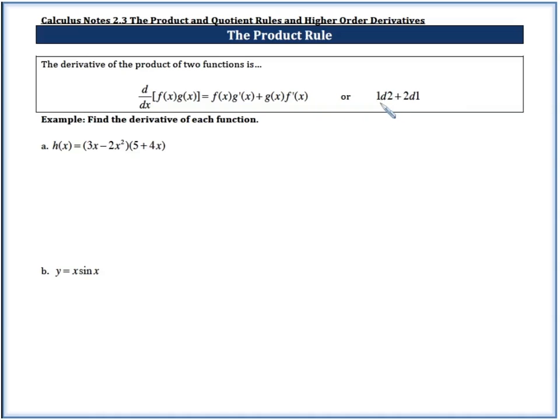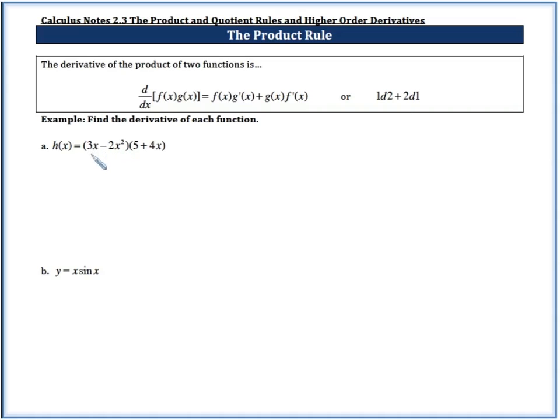One way we can remember this is the first function times the derivative of the second, plus the second function times the derivative of the first. So 1d2 plus 2d1.